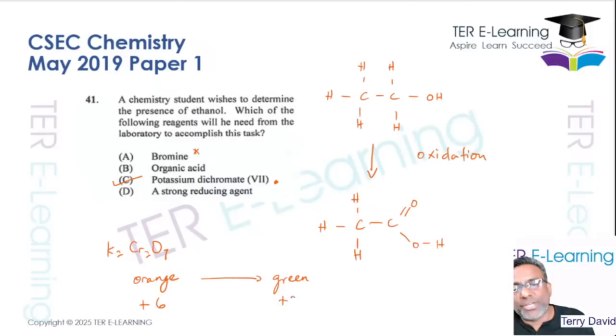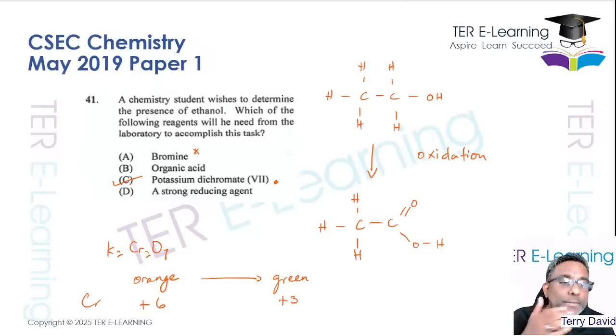The chromium changes oxidation state from +6 to +3. That's what's happening there in this chemical reaction. So the answer is C. Right, so the answer is C for this one here.